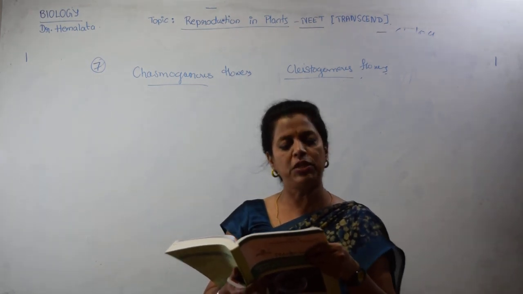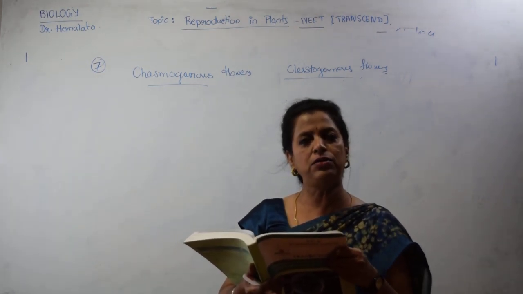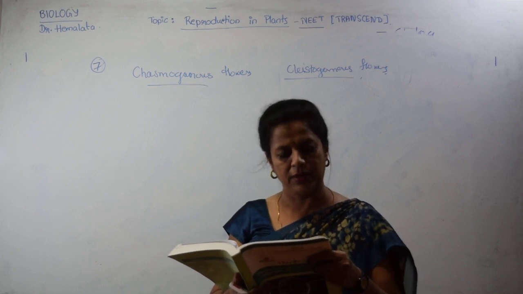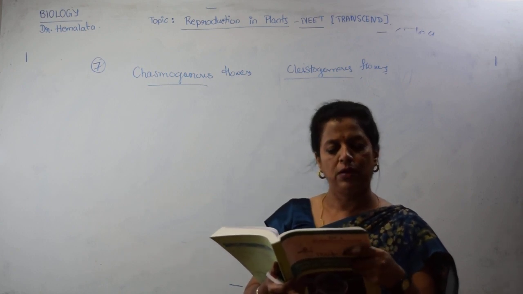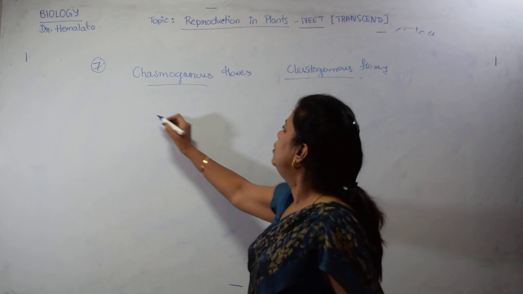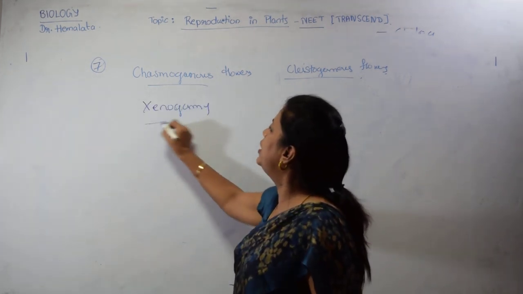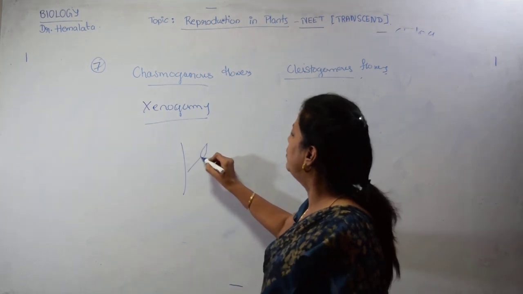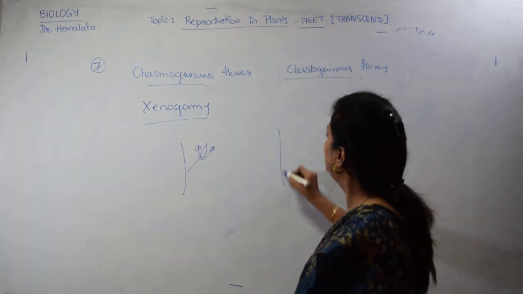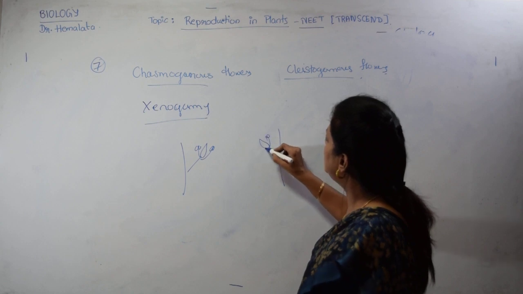So this option must be wrong because the question asks for the mismatched pair. What exactly is xenogamy? Xenogamy says that the gametes are foreign gametes. This is one flower, its stigma, its anthers. Here is another flower, its anthers and stigma.